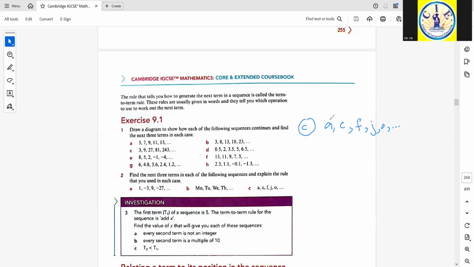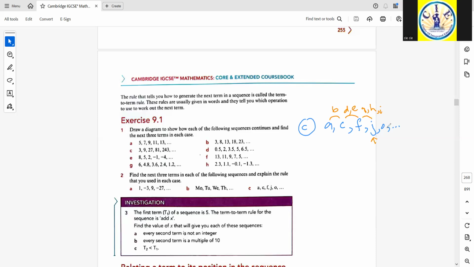After A, obviously that is B. So we have skipped B and then we have got C. Okay. Then after C, in the sequence we have got F, and in the English alphabet we have got D and E. Okay. And then after F, G, H, and I. And then this is the next term of the sequence, that is J.